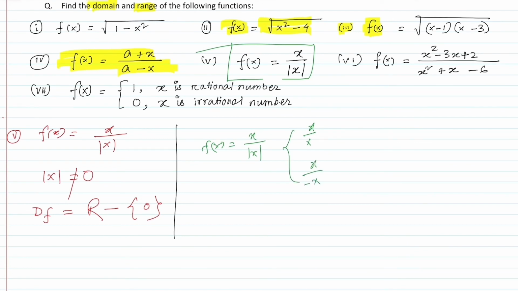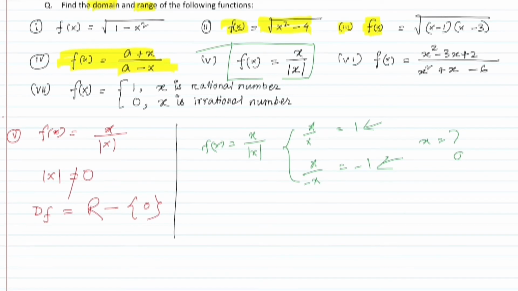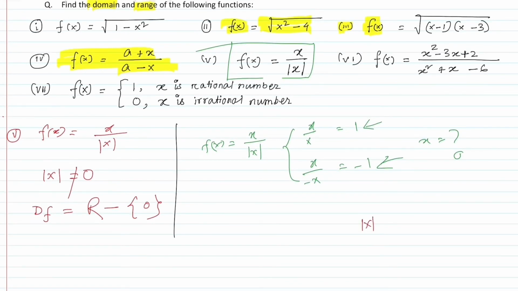Okay, in this case if x by x, then it will be 1, and x by minus x will be minus 1. It doesn't matter what the value of x is, it is always going to be either plus 1 or minus 1. Now you see mod of x.